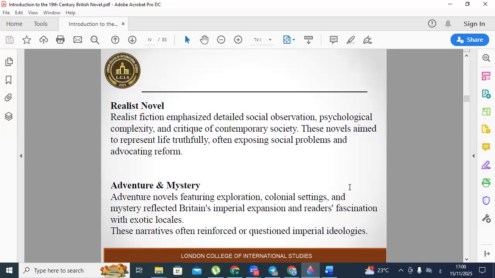Mystery fiction suggested problems could be solved through systematic investigation. Adventure fiction offered imaginative escape while also reflecting imperial realities.